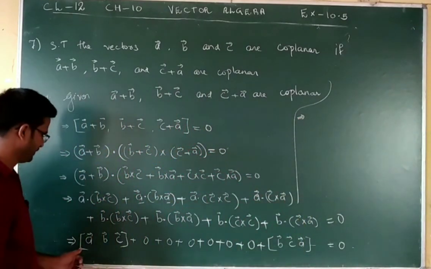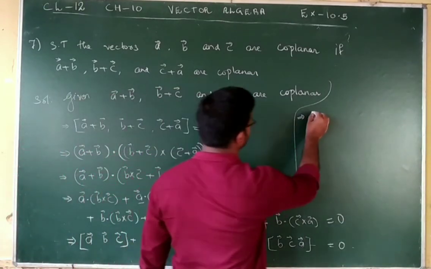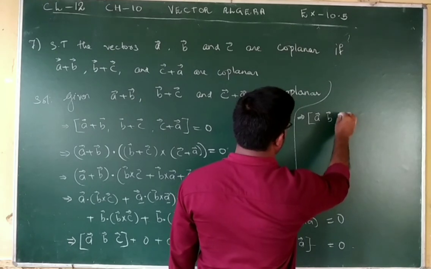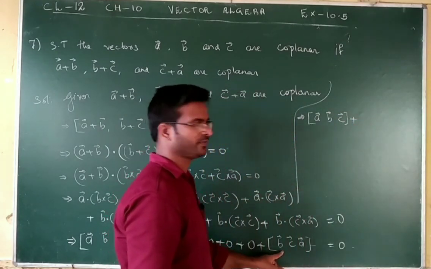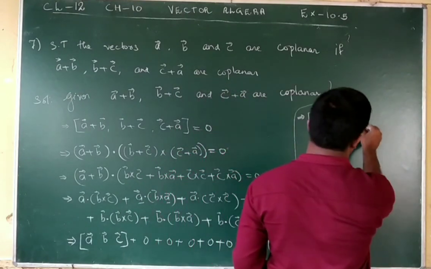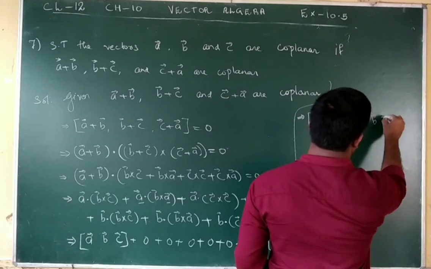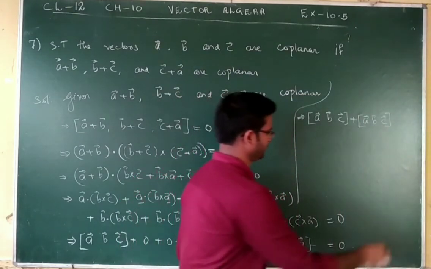Now, the scalar triple product of A, B, C plus this part. This part we can write same as A, B, C. How can I write? You know cyclic permutation.